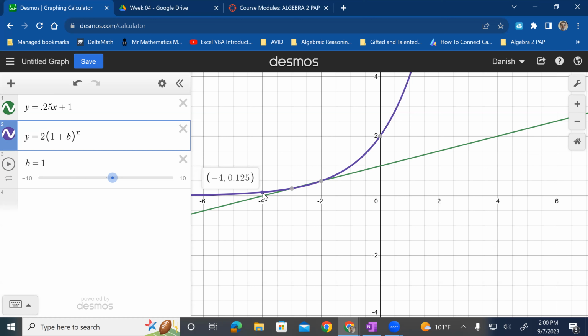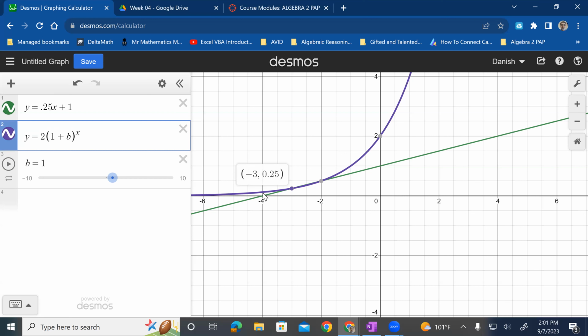So here at -4, 0.125 is the value of y. If I move from -4 to -3, let's look at the change. How much will it change? What's the value now? 0.25. Okay. How much is the change? 0.125. From 0.125 up to 0.25, the change is 0.125.